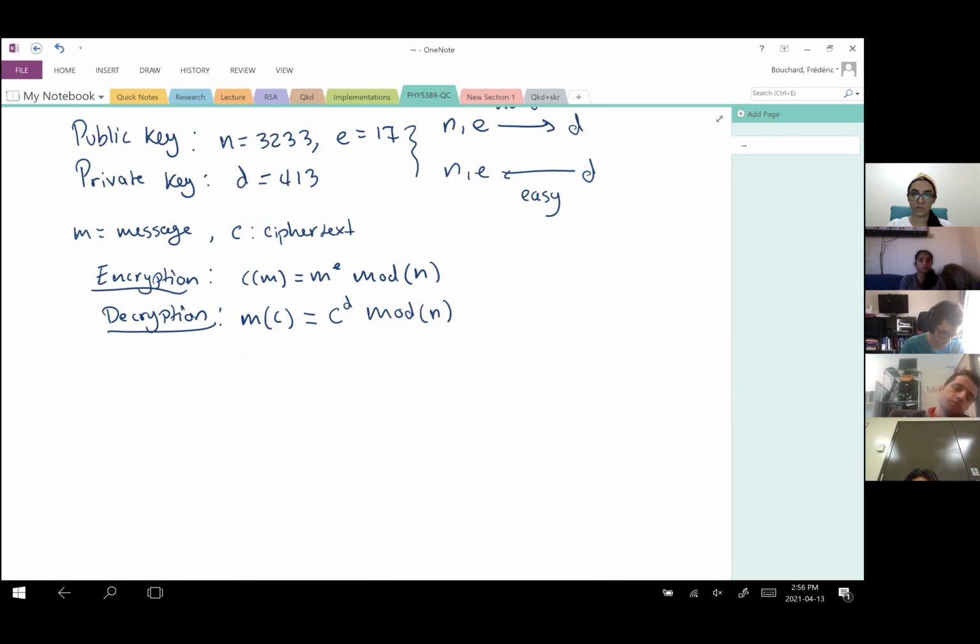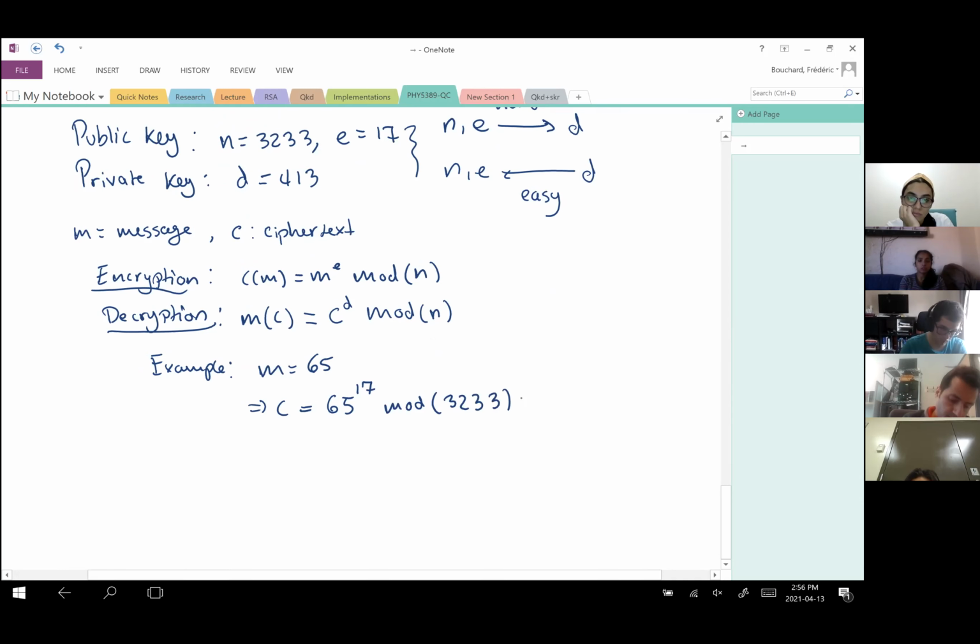So you can actually run this in our example. So if we have a message, let's say our message is this number 65. So the ciphertext will be 65 to the power 17 mod 3233, which is 2790.